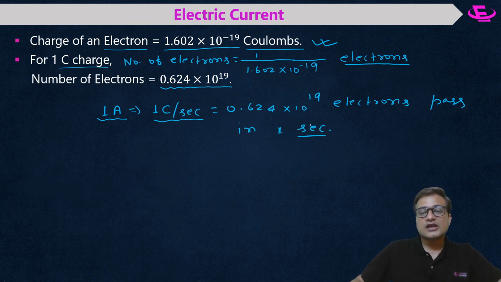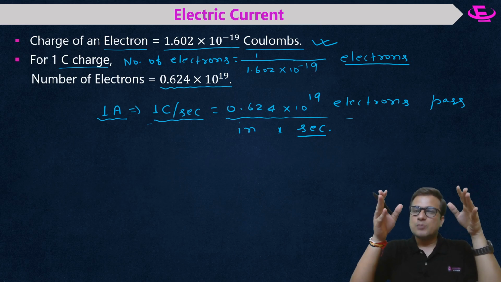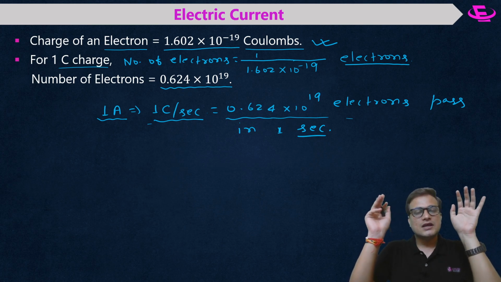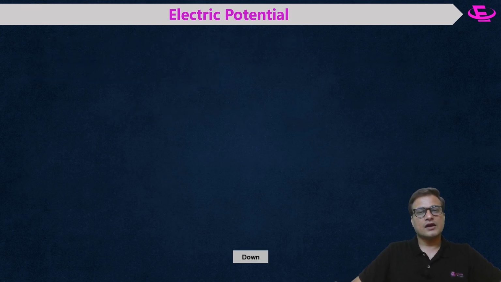This is the actual meaning of 1 ampere current. Clear? That means in 1 second, 6.24 into 10 to the power 18 or 0.624 into 10 to the power 19 electrons pass. That is called 1 ampere current.